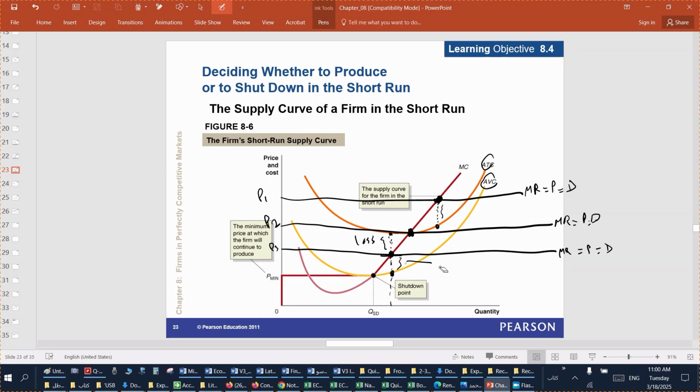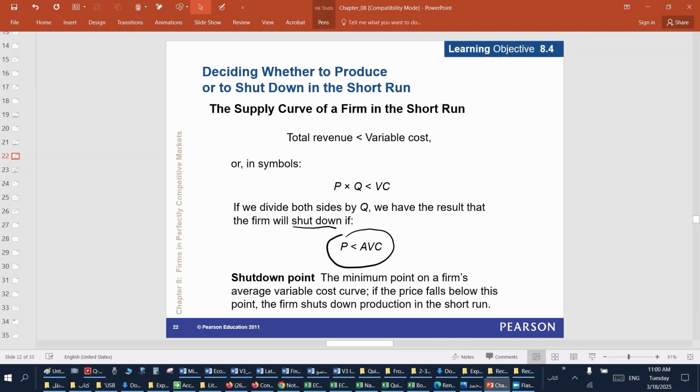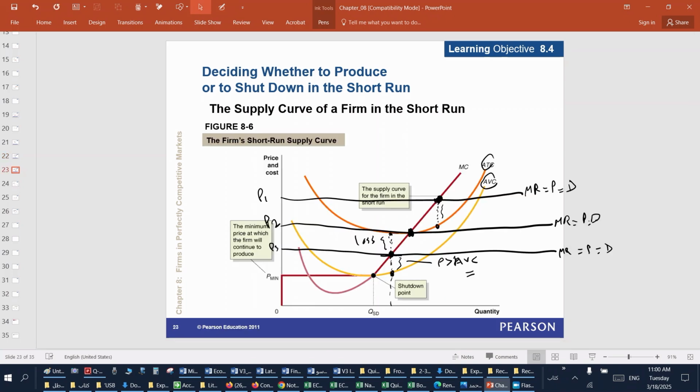This rule is in the previous slide. So here we still haven't reached that situation where price is less than average variable cost. But in our case, the price is greater than average variable cost.